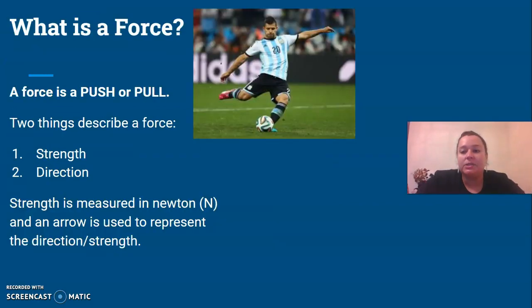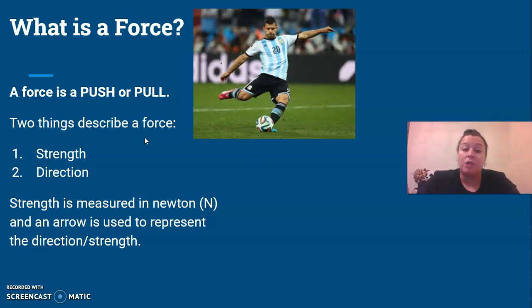All right, and this comes to the next topic that we're going to learn about. We're going to learn about force. A force is a push or pull on something. So for example, the soccer player, he's about to kick this soccer ball. There's a force or a push that is going to be applied to the soccer ball. We can use two things to describe our force.